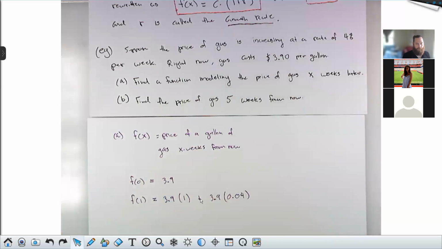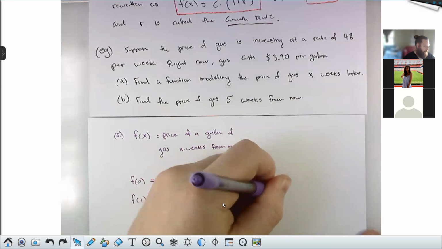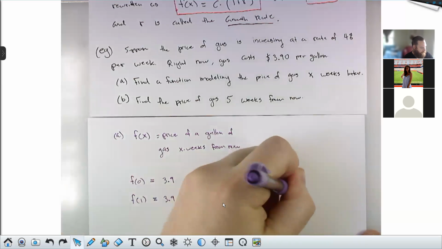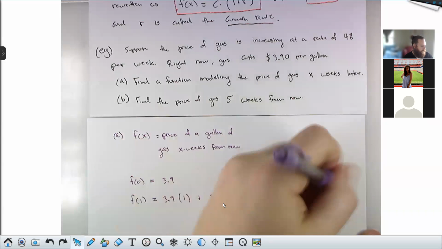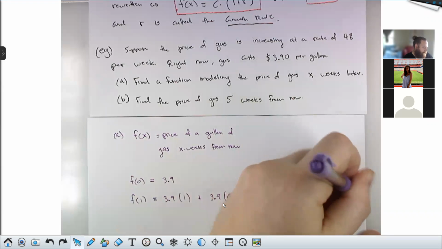And if you factor the 3.9 out, what's left in here is 1 plus 0.04, which is 3.9 times 1.04.